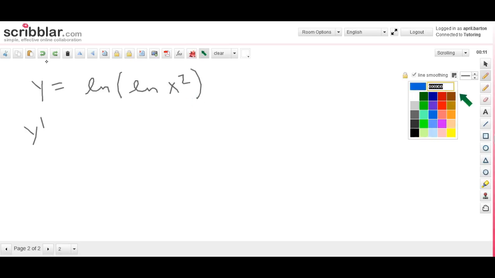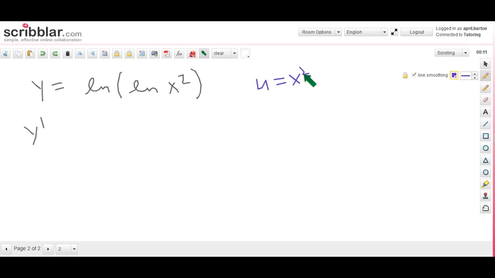So the very, very inside is x squared. And the derivative of that will be u prime, or 2x. The derivative of the outside natural log, so we have natural log u, will be 1 over u.